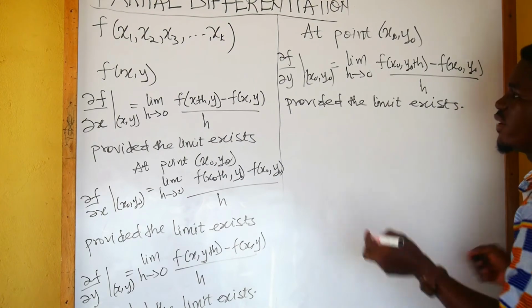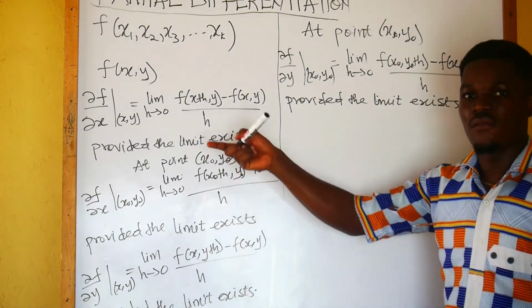Okay, so that's the definition for partial derivative of this function.